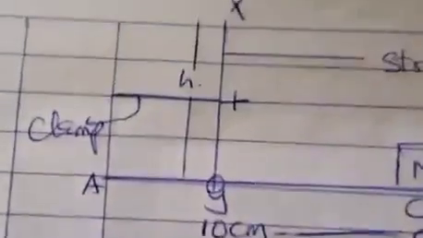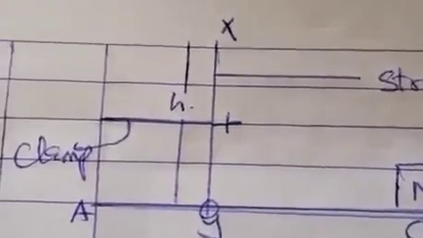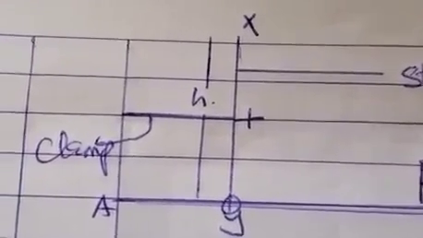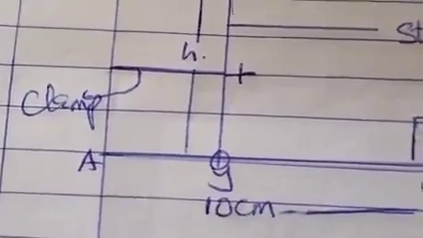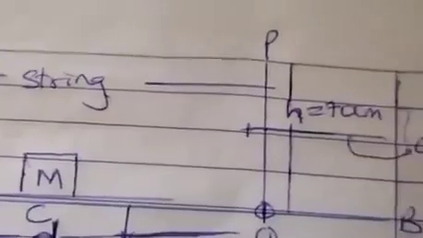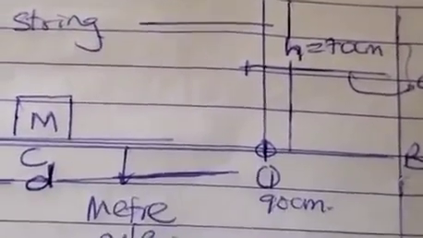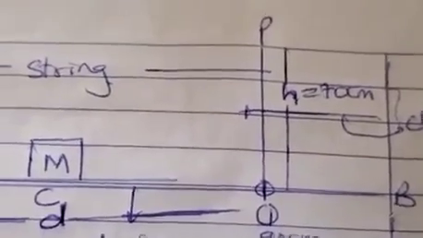That is what we are trying to explain. You can see the first string, SY, the height h is 70 cm, and the point Y is 10 cm. The other string, PQ, is suspended at Q, which is 90 cm, and the height is also the same 70 cm.